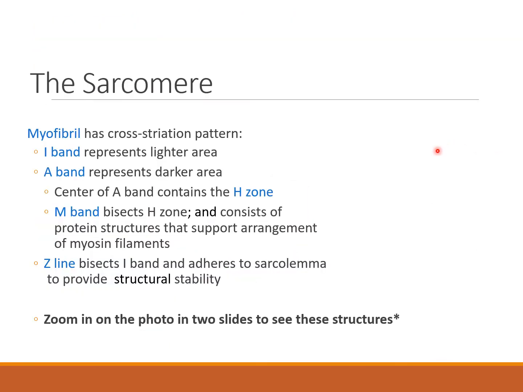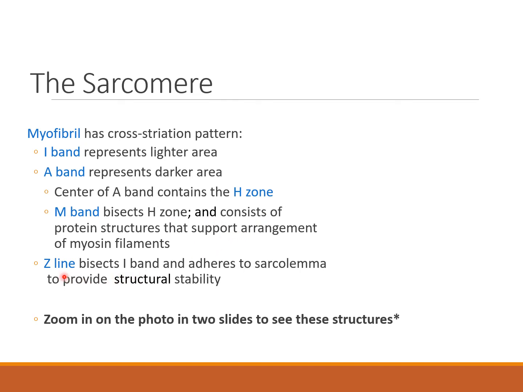So the sarcomere itself. The sarcomere myofibril has a cross striation pattern. It has an I band, it has an A band, and that A band contains an H zone, and that M band bisects the H zone and consists of protein structures that support the arrangement of myosin filaments.